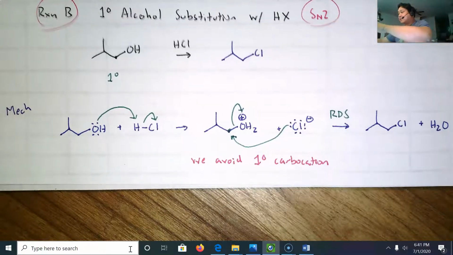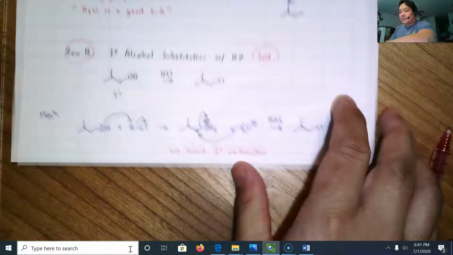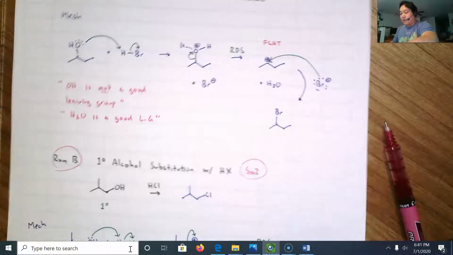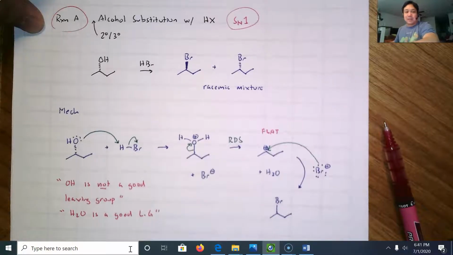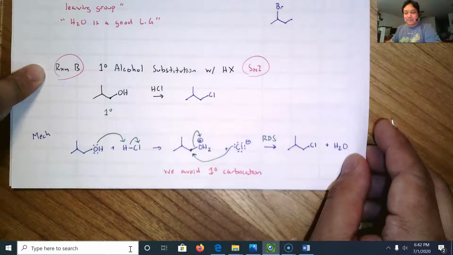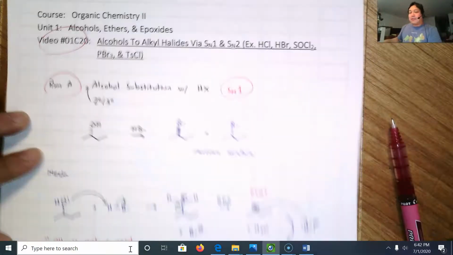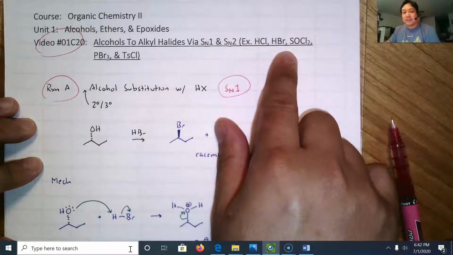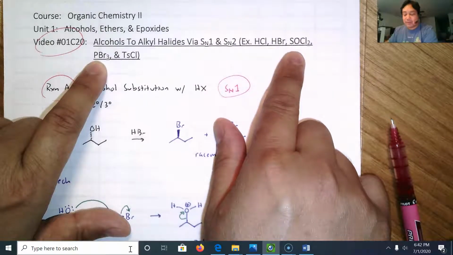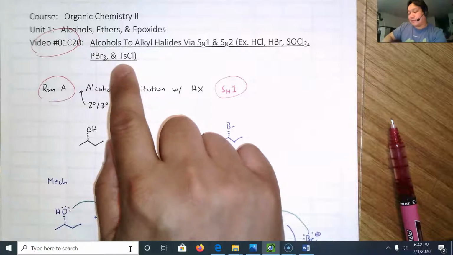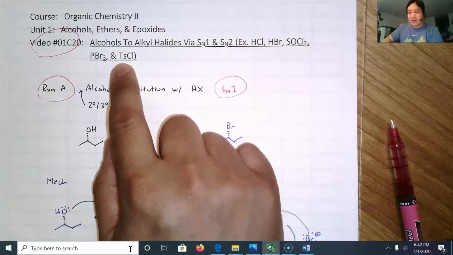If we zoom out, you have one study sheet for SN1 and SN2, SN1 reaction A, SN2 reaction B. Okay. But we have other reagents. We have two special reagents, thionyl chloride and phosphorus tribromide. And I think we'll have time to talk about tosyl chloride as well.